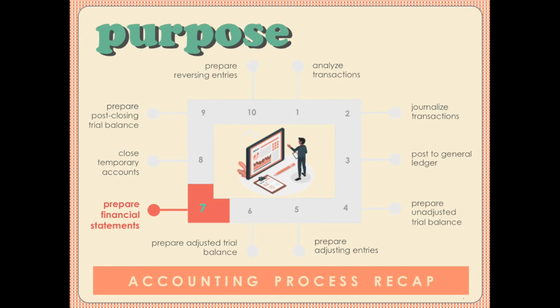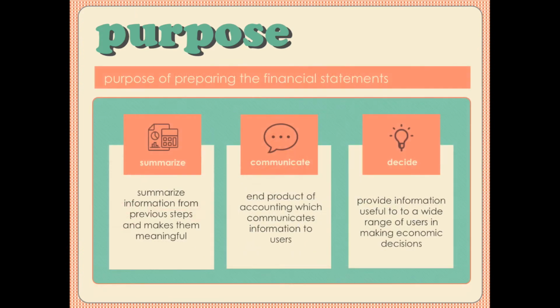Now let's talk about the purpose of preparing the financial statements. Recall that one of the steps in the accounting cycle is to prepare these reports for users and decision makers. And we've also said that this is the main goal or the end product of the accounting process. So why do we have to perform this step?